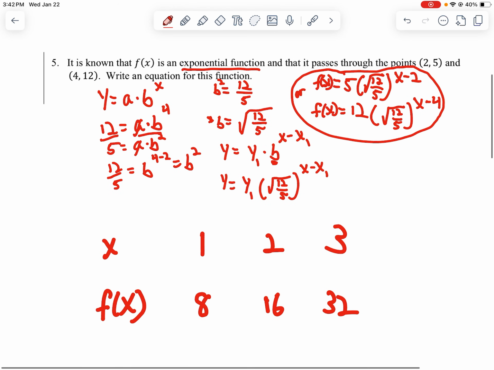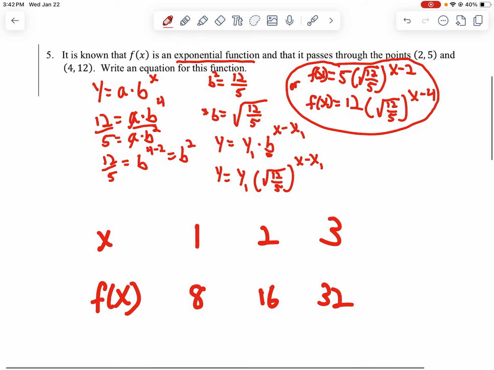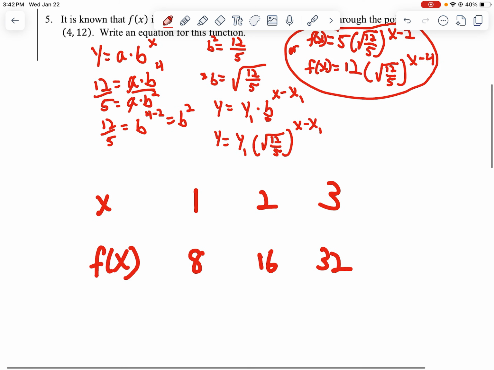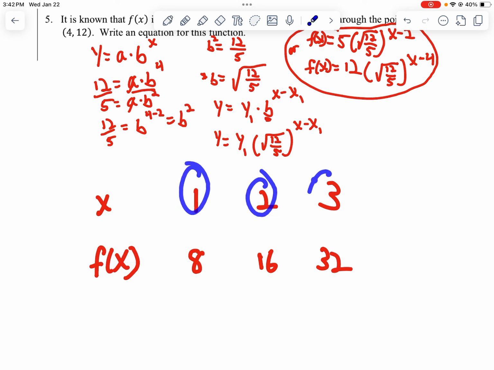Now, another example is deciding if a given table of values, like this, is either exponential or linear. Well, how do you do that? First of all, check the x's: 1, 2, 3. They go up by 1 each time, the same amount each time. It doesn't matter that it's by 1; it's the fact that they go up the same amount each time.